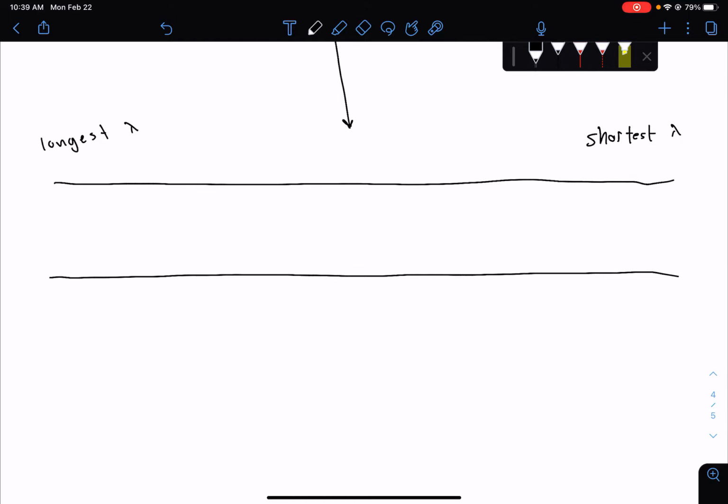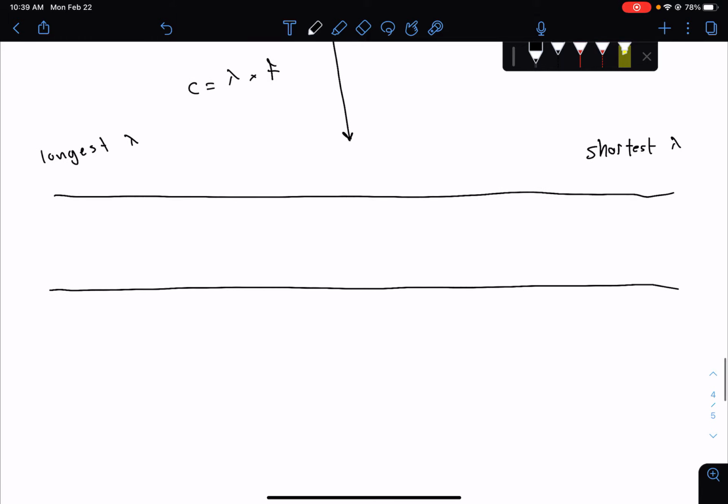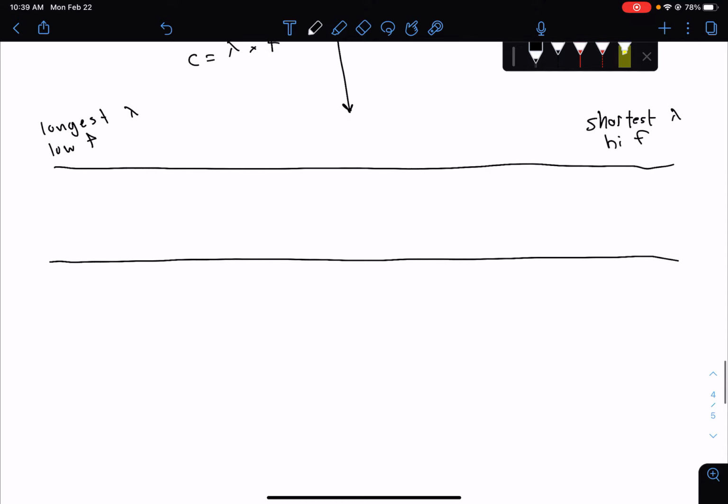Remember, the speed of any energy, c, is a constant, calculated by multiplying wavelength by frequency of any radiation. So if we have a long wavelength here, we'll have a very low frequency. Conversely, on this side, we'll have a very high frequency of radiation.